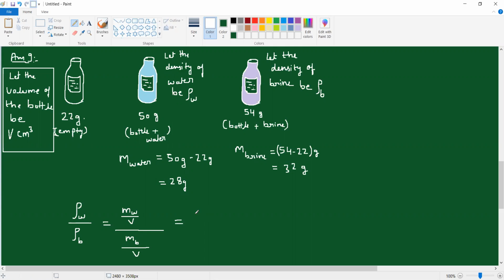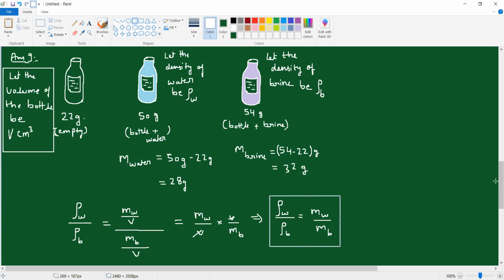So this can be rewritten as mass of water divided by volume multiplied by volume upon mass of brine. The volume gets cancelled out. So density of water upon density of brine will be equal to mass of water upon mass of brine. Is this clear to everyone? Yes, sir.